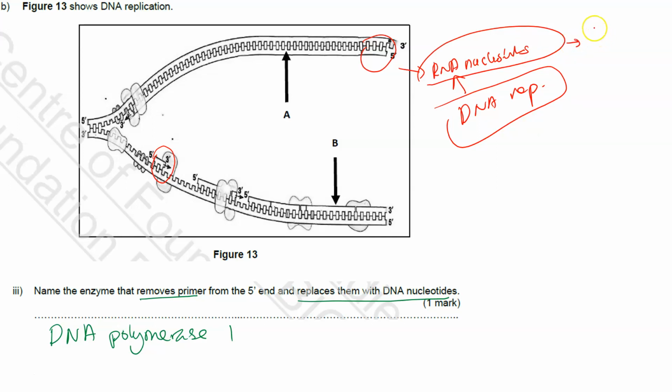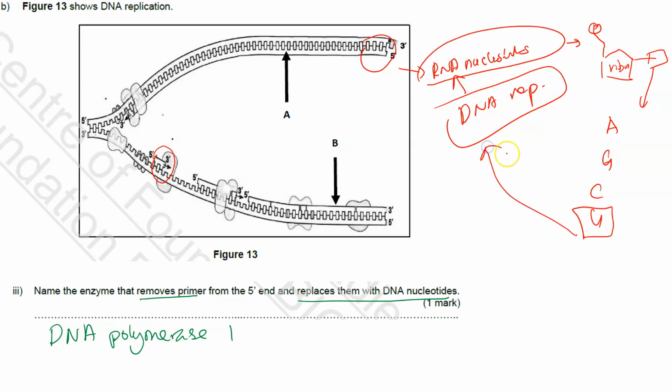The nucleotide of RNA consists of what? A phosphate bonded to a pentose sugar, which is ribose, and then bonded to a base. The base can be adenine, guanine, cytosine, and uracil. You do not want uracil in your DNA. You do not want ribose in your DNA. The 5-carbon sugar in DNA should be what?